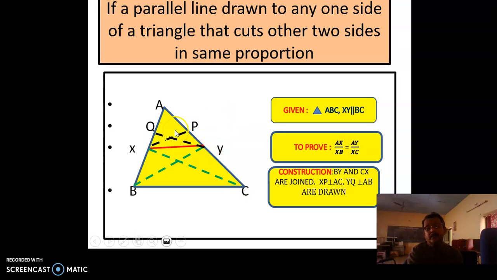So half cancels, XP cancels. You will get AY by YC. So this triangle AXY is common for both equations, but these two triangles BXY and XYC are different. Even though they are different, they are on the same base XY and in between the same parallel lines XY and BC. Therefore these two triangles are equal. So from 1 and 2 we get AX by BX equal to AY by YC.